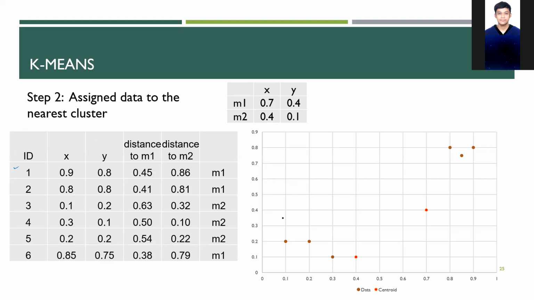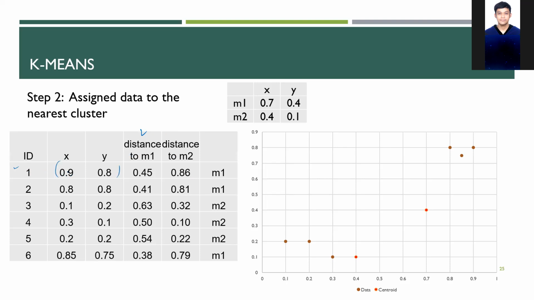To find the nearest one, of course, I have to calculate the distance from each data point to each cluster. For example, this is the first data point, 0.9 and 0.8.